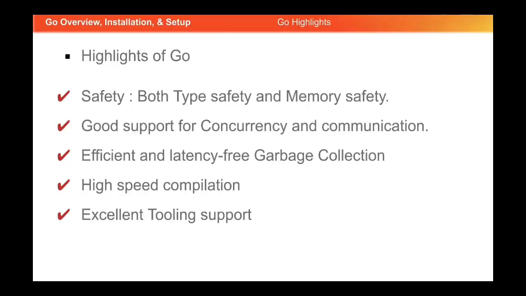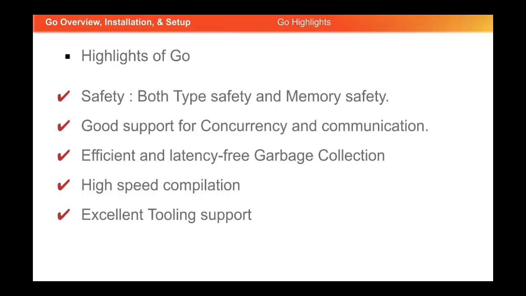Some of the highlights are, again, it has type safety because it's statically typed. It's also memory safe, so you're not going to have the manual memory allocations like you would in C or C++. The concurrency support in Go is great. Concurrency doesn't always mean multi-threading, but it basically means you can do two things at once.